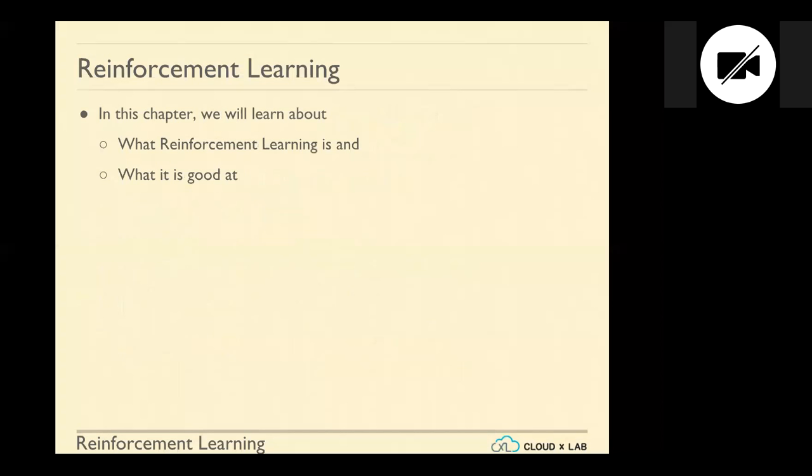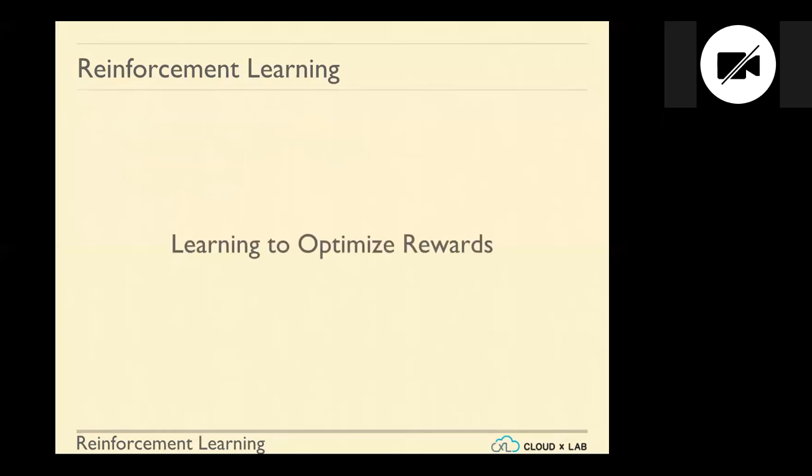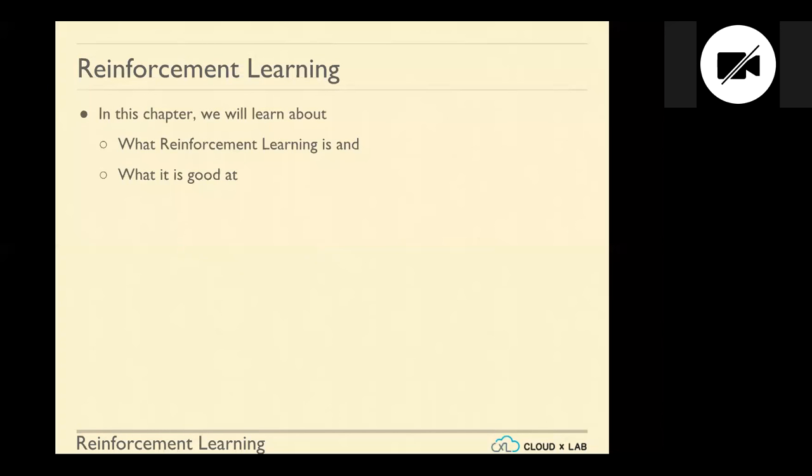In this chapter, we will learn about what reinforcement learning is and what it is good at. It is good at learning to optimize reward. So what we're going to do is make our bot that will play a game.